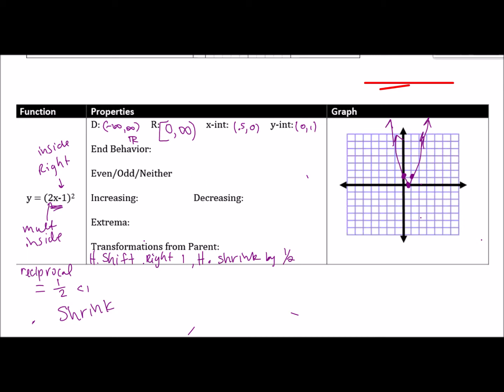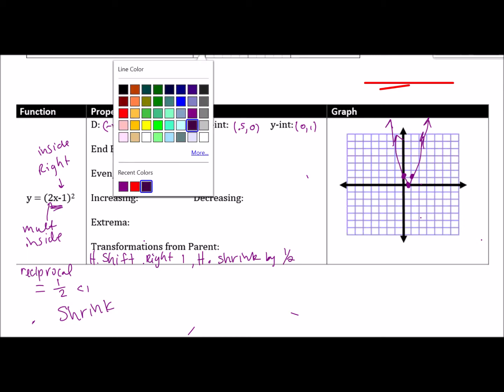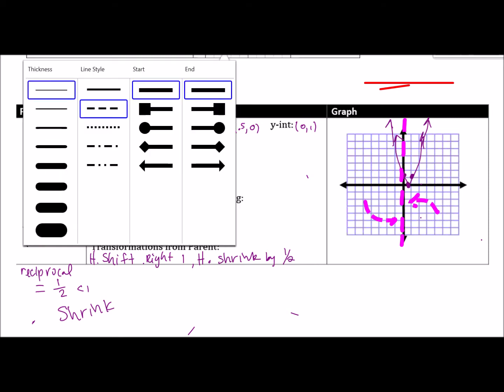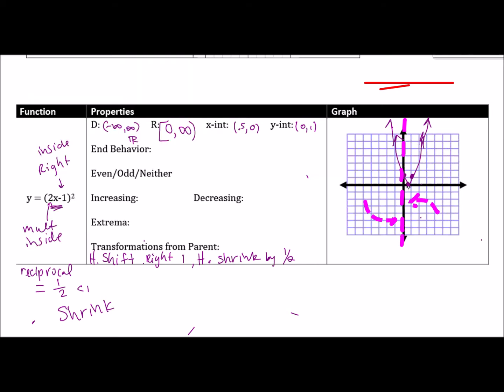If a graph is even, that means if I were to cut this graph right here at the y-axis and switch sides, so flip this side over to that side and this side over to that side, turning this graph basically into something different. If I were to flip that, this vertex would now be over here. It would not be in the same spot.